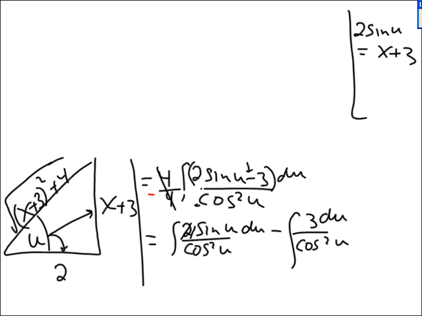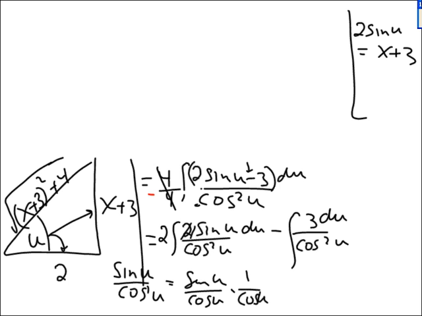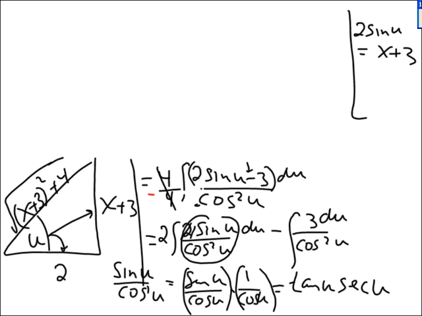This 2 I'll bring out in front. But on the side over here, let's look at sine u over cosine squared u. Well, that's sine u over cosine u times 1 over the second cosine u. This here is tangent u, and 1 over cosine u is secant u. Okay, so that's just how I'm going to write that.